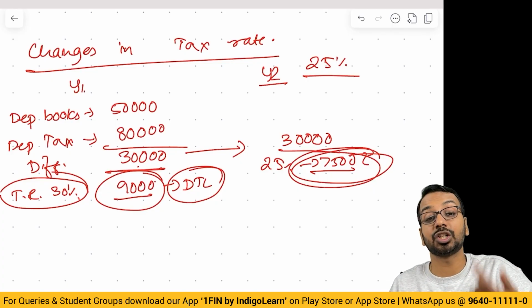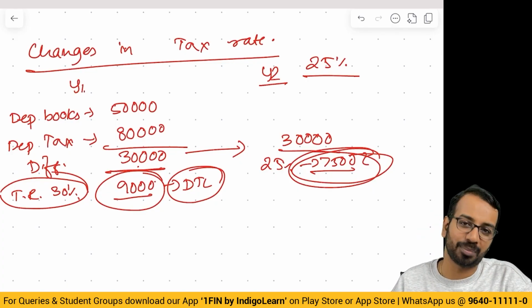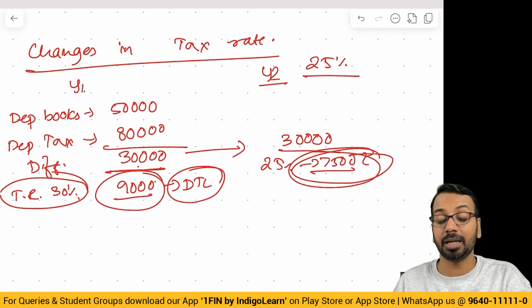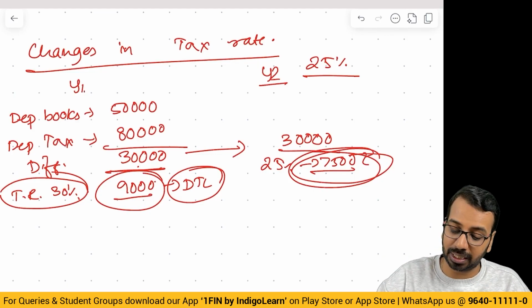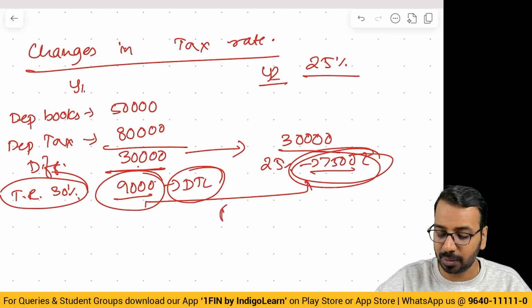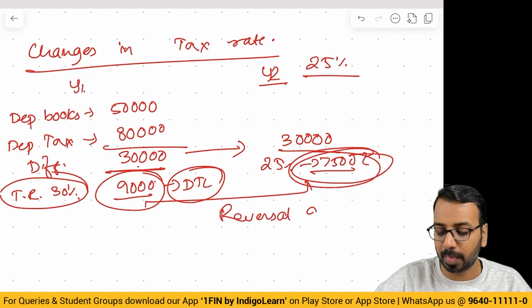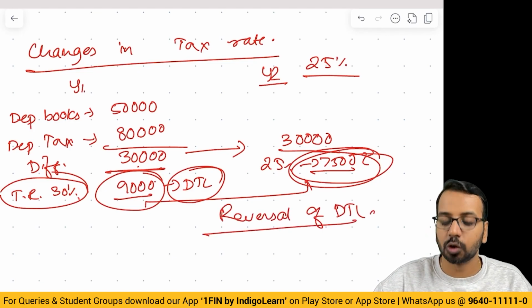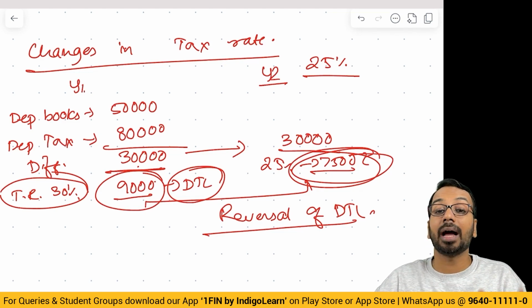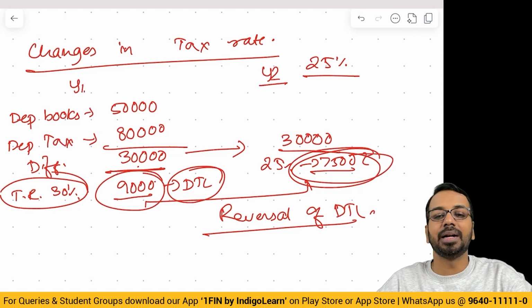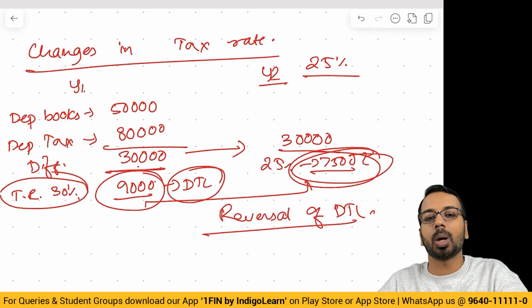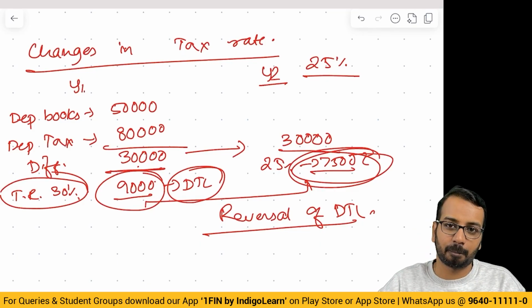So when the tax rate changes, you also need to revise the liability. It can result in either an increase or a decrease of liability. Here there is a decrease of liability, meaning there is a reversal of DTL. So whenever there are tax rate changes, you have to reverse or you have to add, depending on whether the tax rate has increased or decreased.